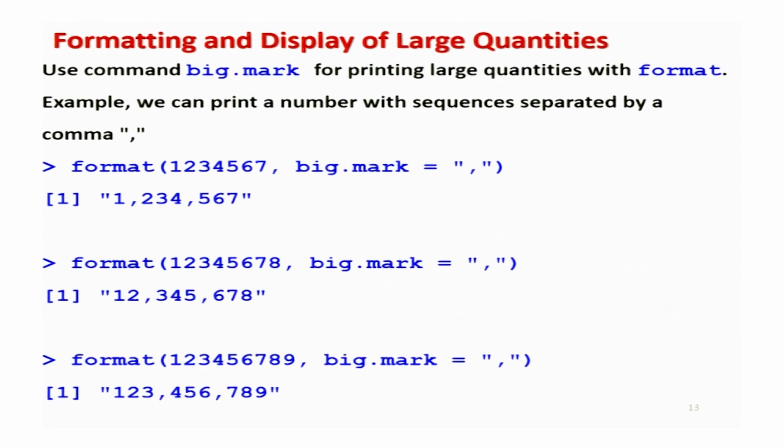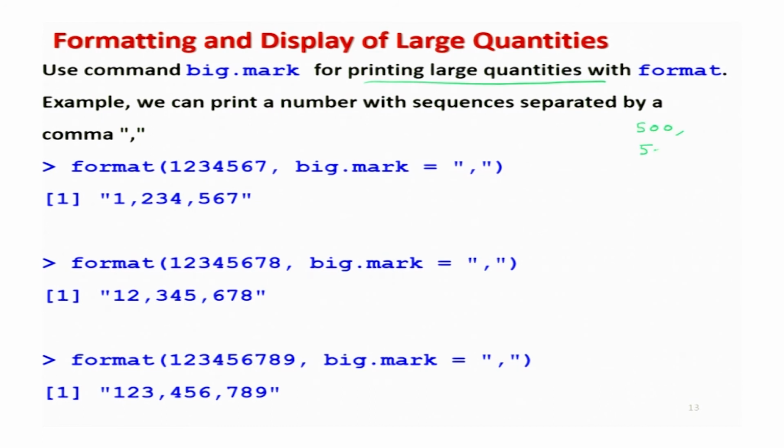After this I give you one more option in format. Sometimes you want to print large quantities, meaning the number of digits is quite large. For example, when you write Indian rupees, if I have to write 500, I will write it like this.